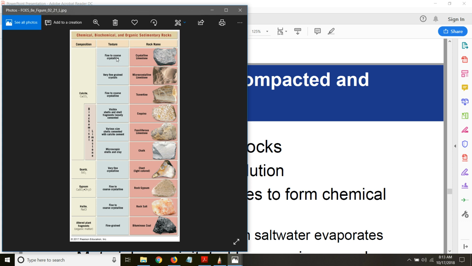These first three in this group are formed from physical processes, and those are called detrital sedimentary rocks. About 90% of the calcite is formed by biochemical processes. Calcite you will also see as the shell of these microorganisms.